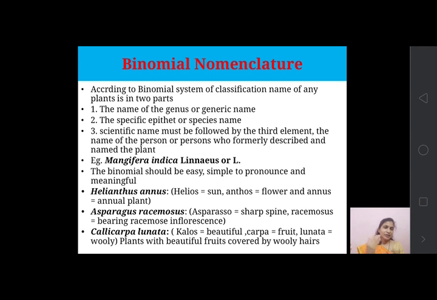For example, Helianthus annuus. Helianthus is the genus name and annuus is the species name. So what does it mean? These words indicate the meaning. Helios means sun, and anthos means flower. The bifurcation of Helianthus is Helios and anthos.